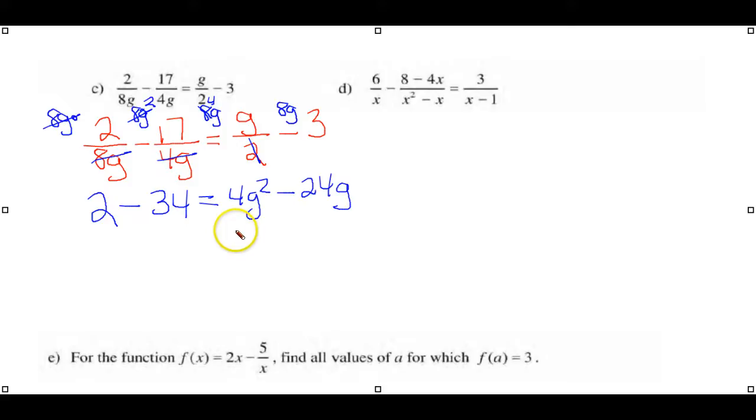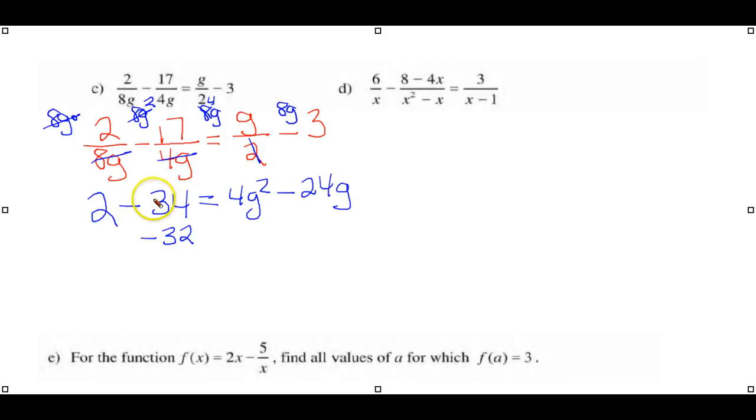Now notice what we have here. We have a quadratic equation, g to the second power. So we're going to group these, and this becomes a negative 32.